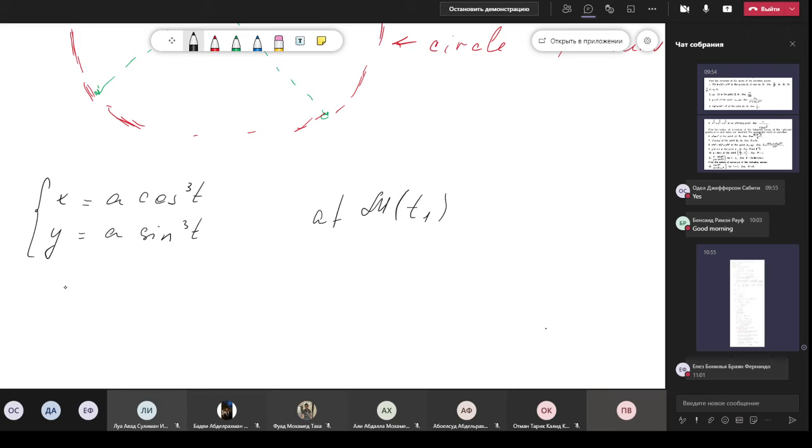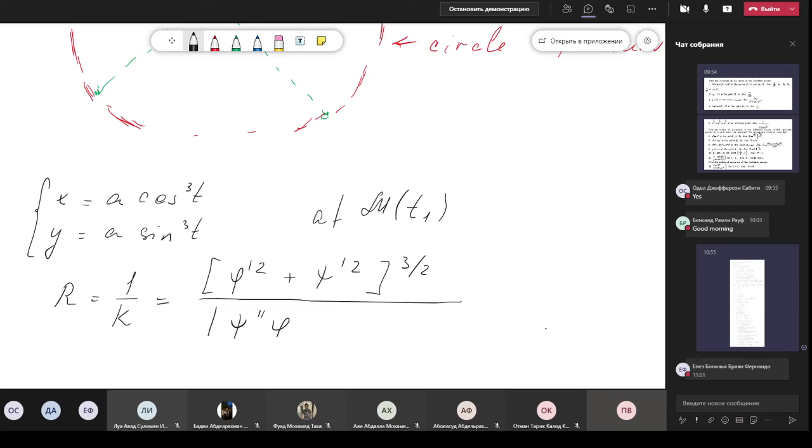Good. R is 1 over k. Or, in our case, it is phi prime squared plus psi prime squared to the power 3 over 2, over the modulus of psi double prime phi prime minus psi prime phi double prime.